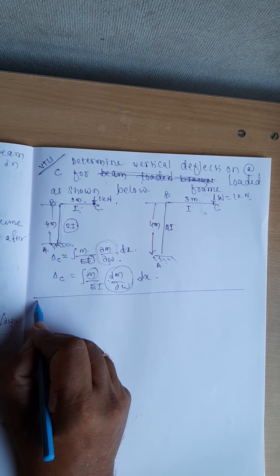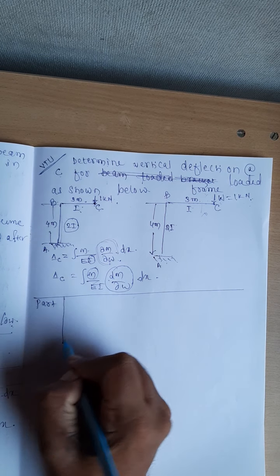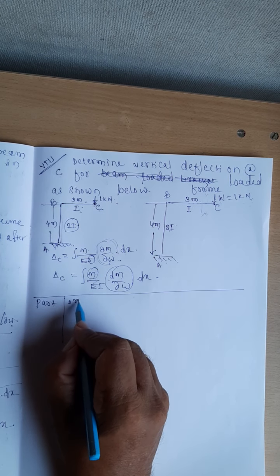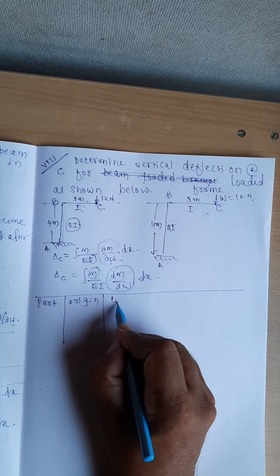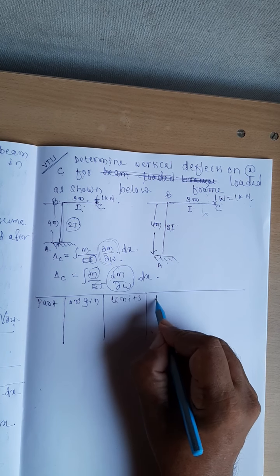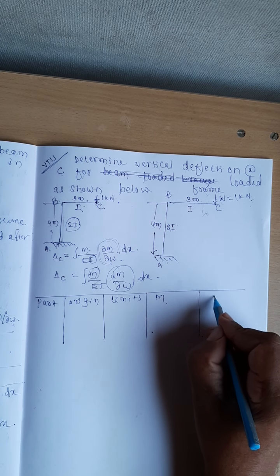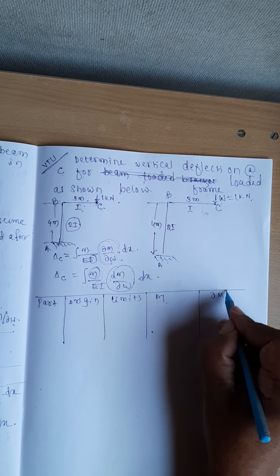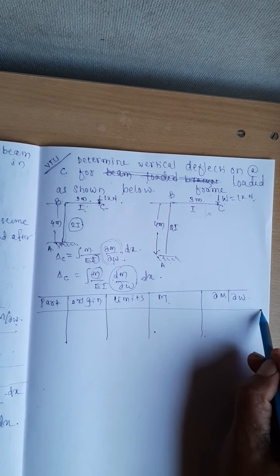First is the part that I am taking for the calculation. Next is what is the origin while writing the equation for the bending moment. What are the limits of that integration? Then comes the bending moment. Then comes the differentiation of that bending moment with respect to the load at the point where you want the deflection. Right?